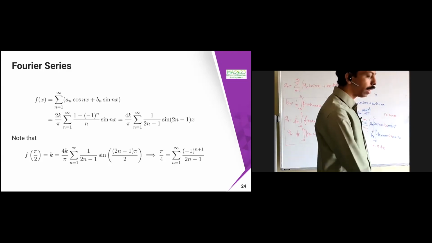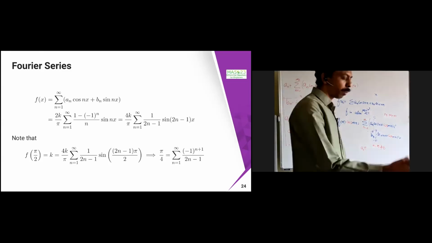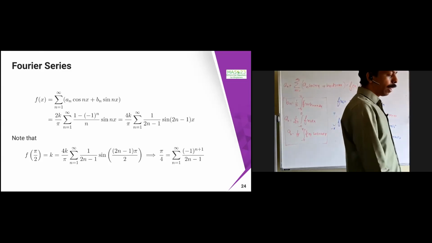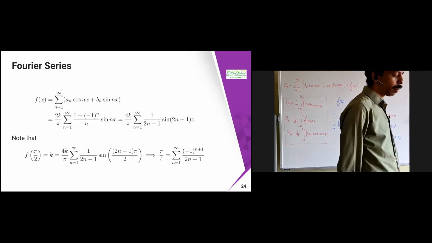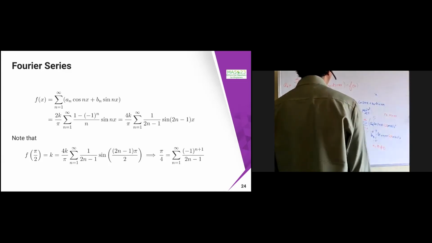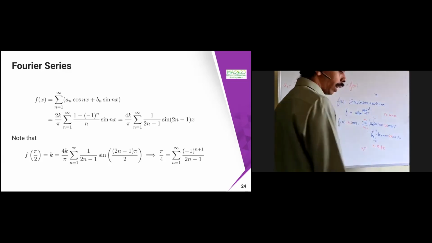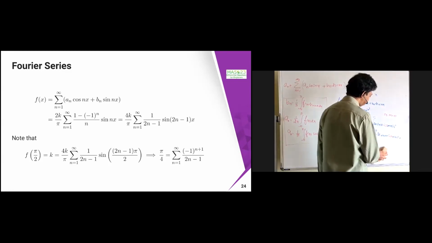For example, you see that pi by 4 equal to summation n equal to 1 to infinity minus 1 power n plus 1 by 2n minus 1. This is going to represent a series representation for pi. So from this you can calculate your pi value also. Some of the computers use something similar to that to calculate the value of pi.